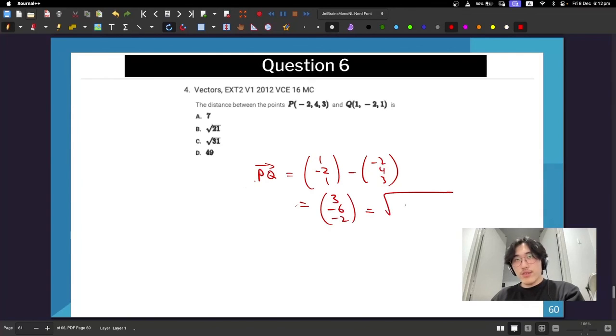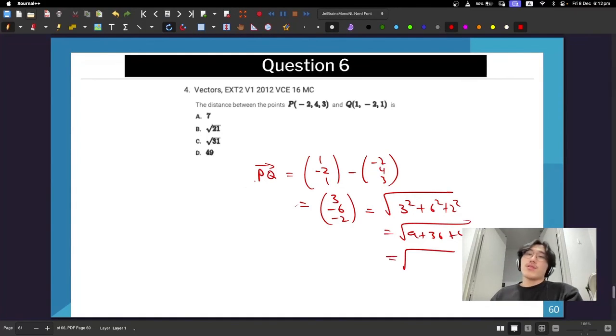And then the magnitude of that is going to be root of 3 squared plus 6 squared plus 2 squared. 9 plus 36 plus 4, which is 49, which is 7. So it's going to be A.